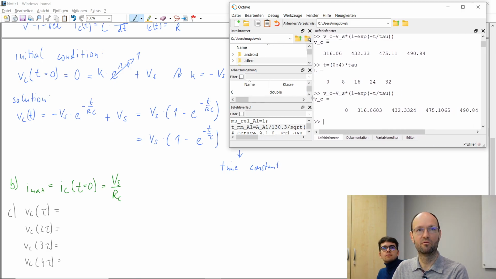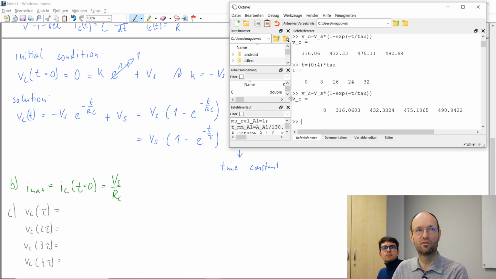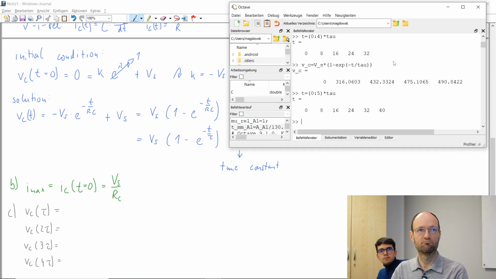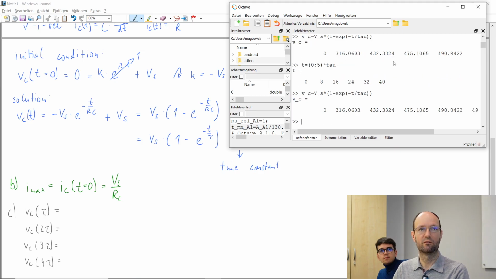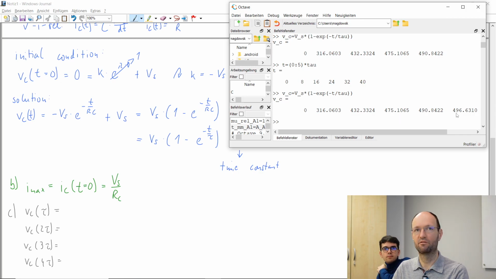And if we would wait for a very long time, we would get 500 volts. But after 4 of these time constants, or if we go to 5 time constants, then we are already very close to the 500 volts.